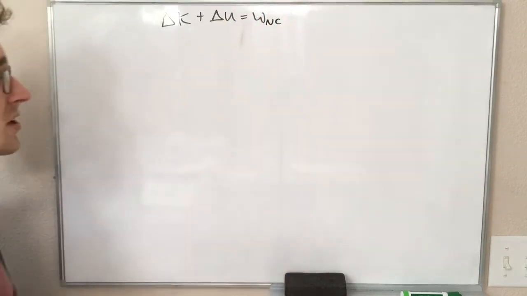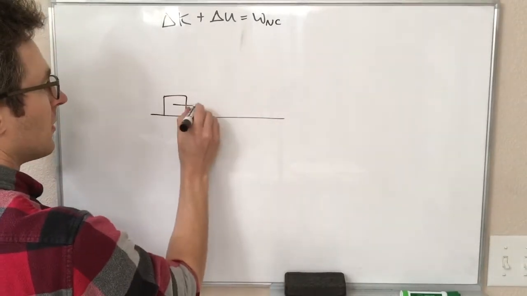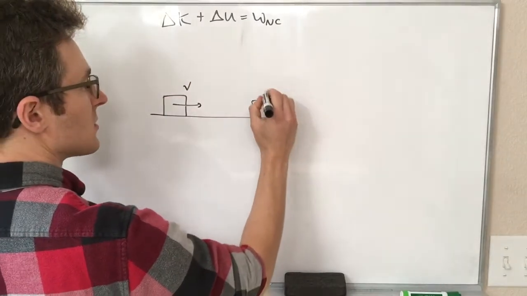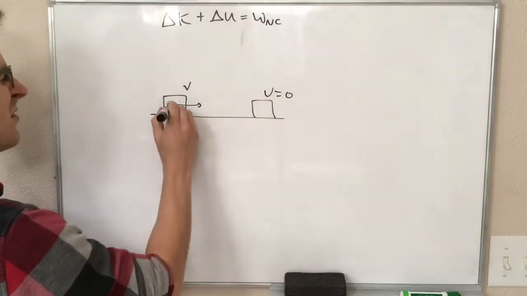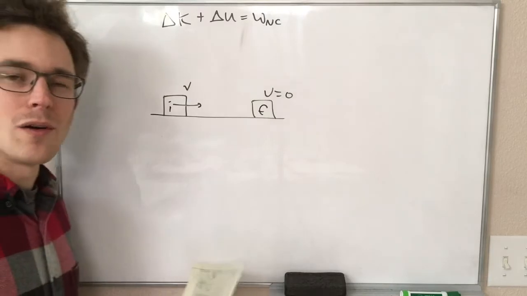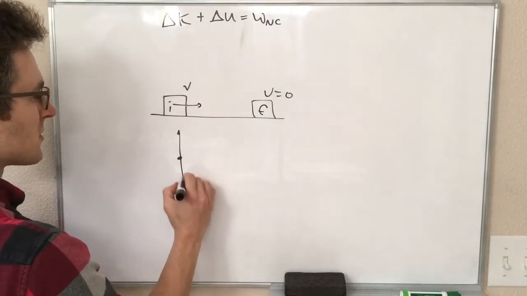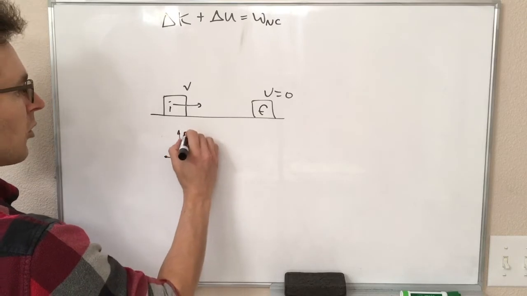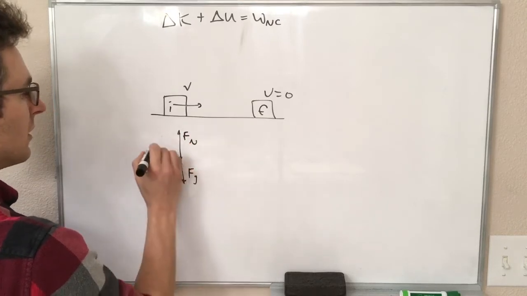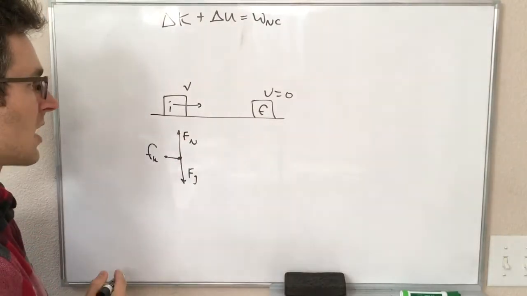If we do have work done by a non-conservative force, so for example, we have a block that starts with some velocity and ends with no velocity, initial, final. We already know how to analyze this in terms of forces, right? Quick free body diagram for this. We have normal force, gravity, and our kinetic friction that is slowing the block down to a stop.